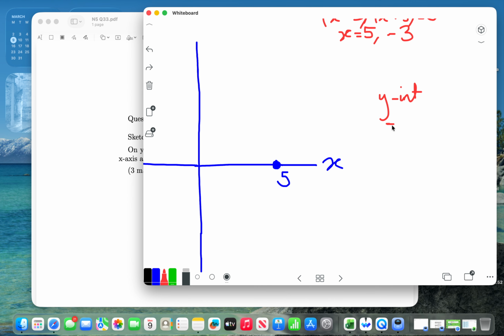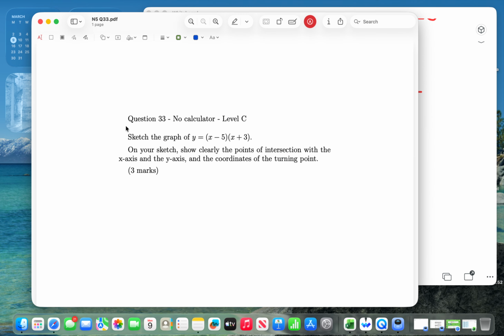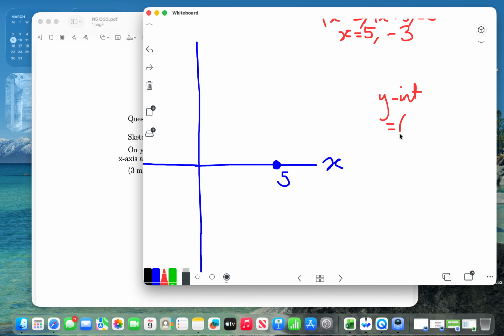So you put 0 minus 5, 0 plus 3, and if you do that, you'll find that the value is minus 15.